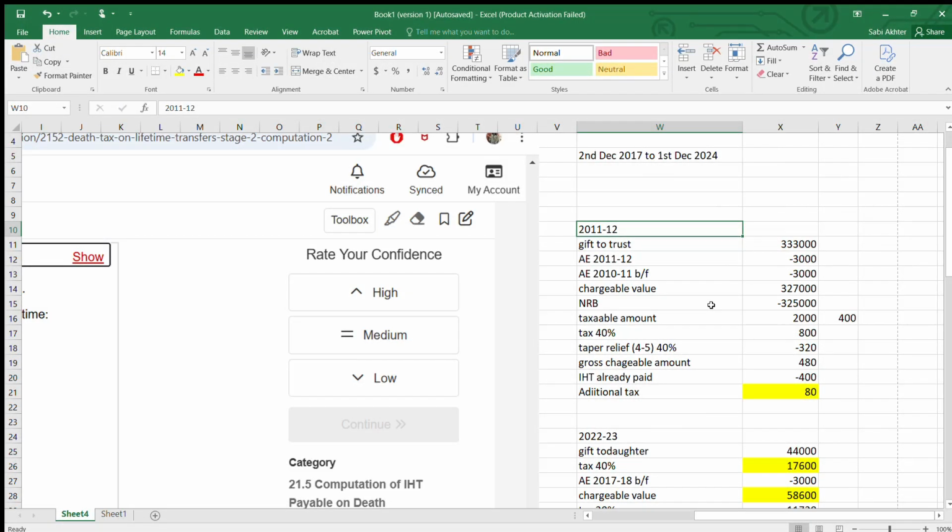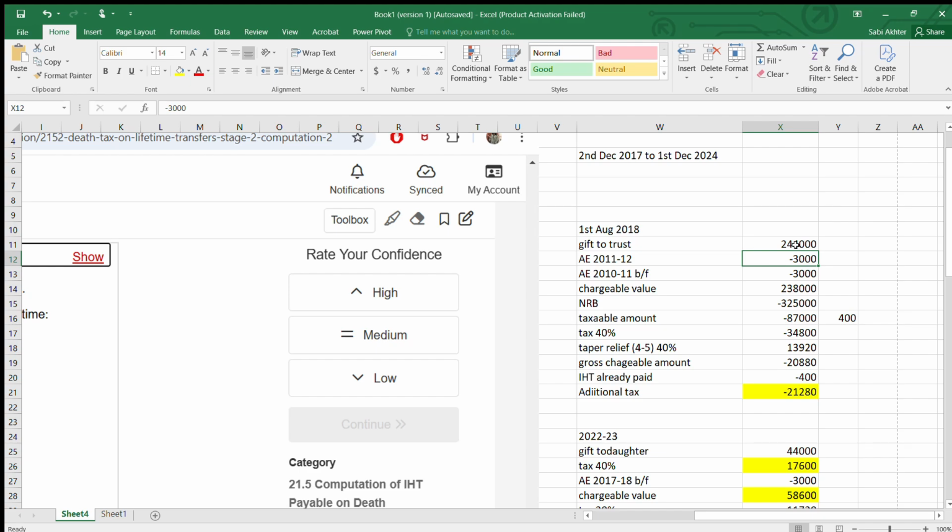So 1st August 2018 is a gift to trust, and gross chargeable value as per activity 4 is 244,000. We have already calculated it. Now you have to see whether any nil rate band is available or not. Nil rate band on death is 325,000.